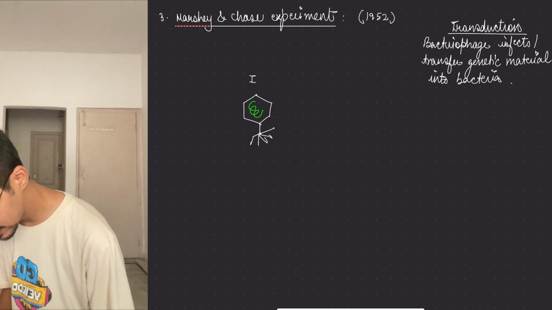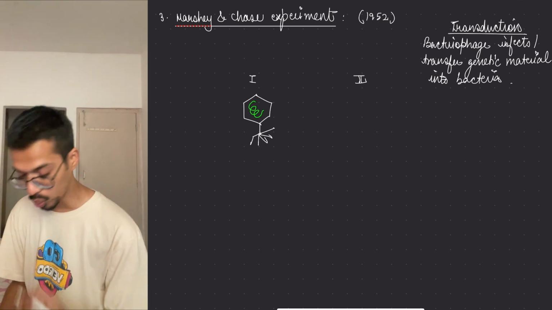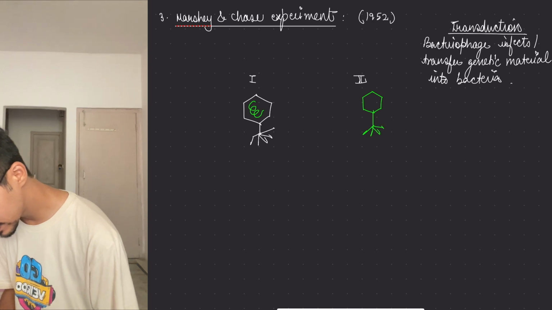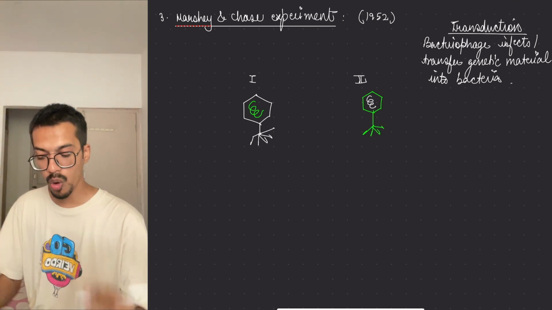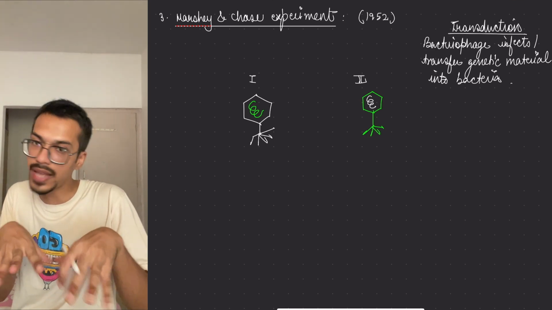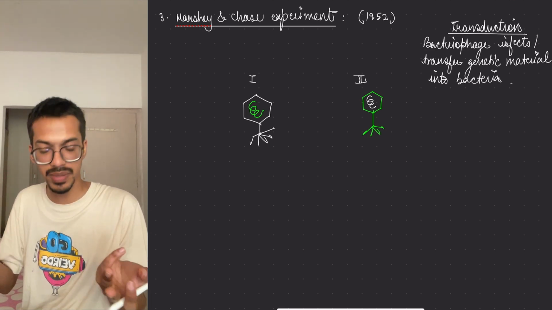Whereas in the second one, its outer coat, meaning its protein coat, is radioactive. But inside it is not. So whatever the bacteriophage releases inside the bacteria will be the genetic material. Now, whether it will release this or this, that depends.